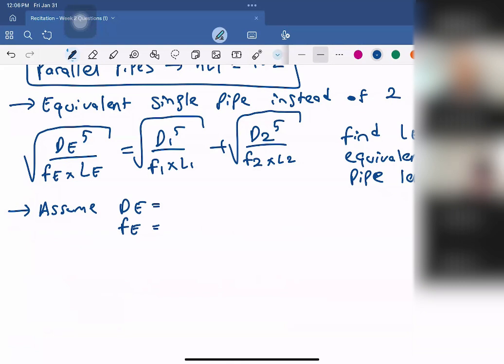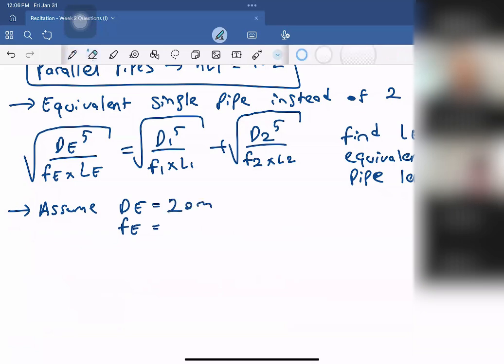You can choose whatever you want, but of course they should not be crazy values, like choosing a diameter of 20 meters.